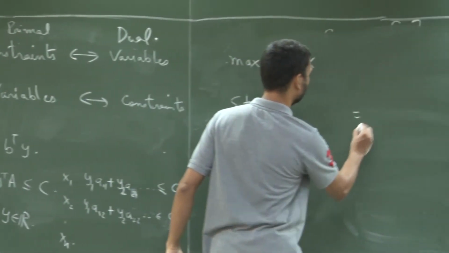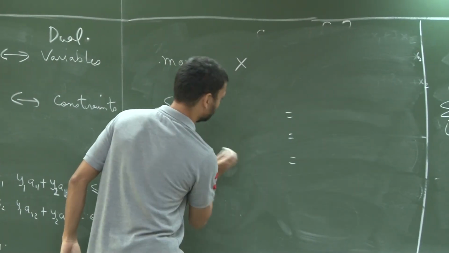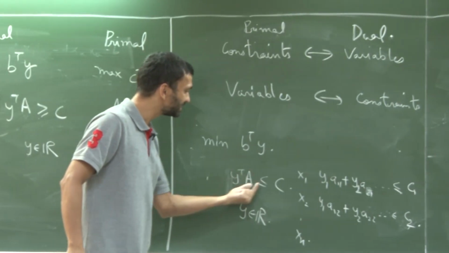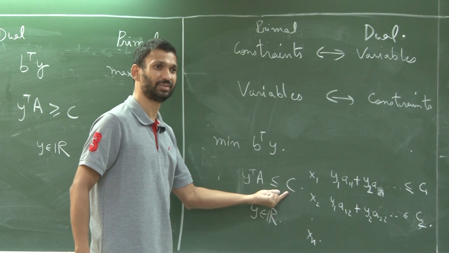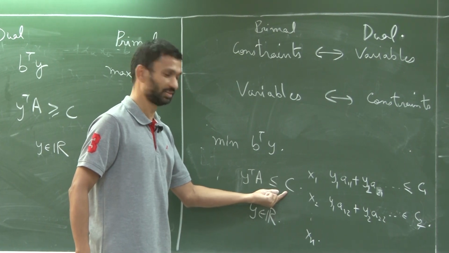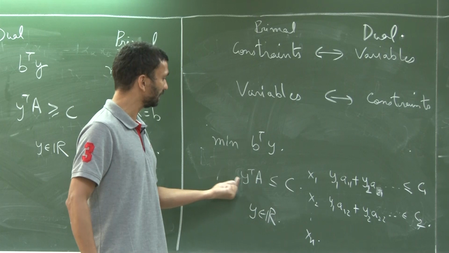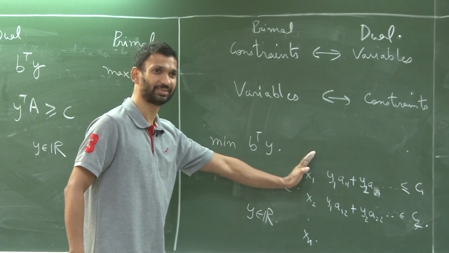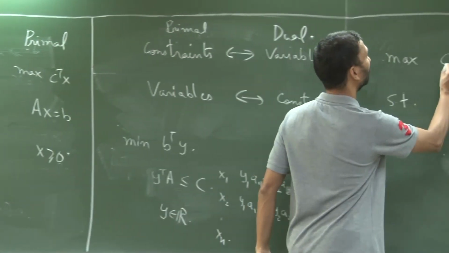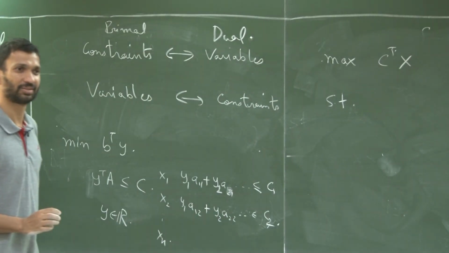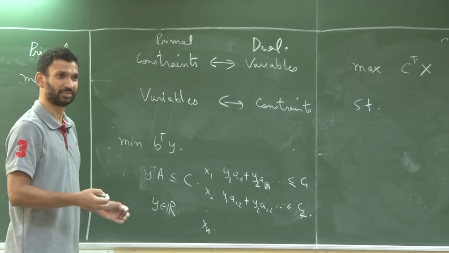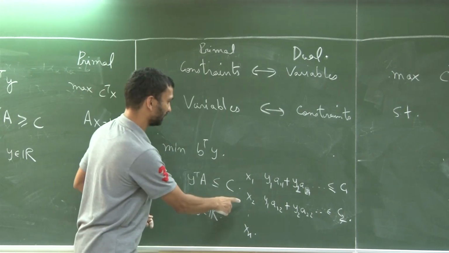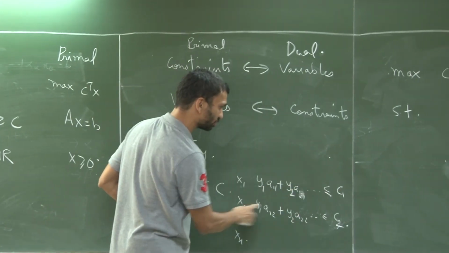So I will get, and now remember, this is less than or equal to C. So what will be the value if I am multiplying everything by x? I will get C transpose x on the right hand side. So my lower bound is C transpose x. It was like B transpose y, right? Because x1 multiplied by c1, x2 multiplied by c2.